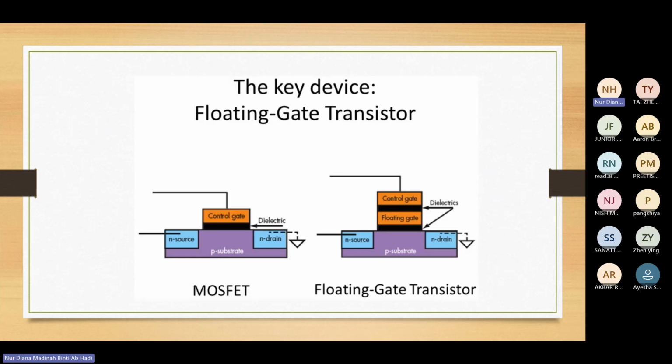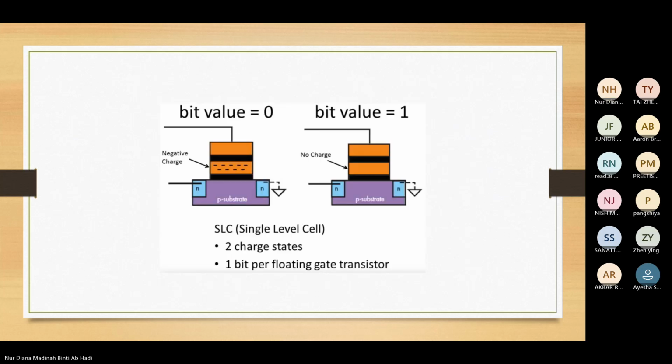Okay, so the key device is the floating gate transistor. We have the MOSFET, and we have the floating gate transistor. Can you see the differences between these two things? One has a floating gate, the other one doesn't.